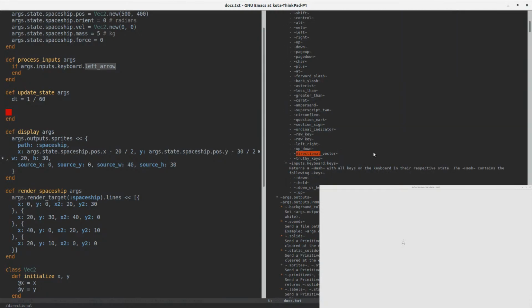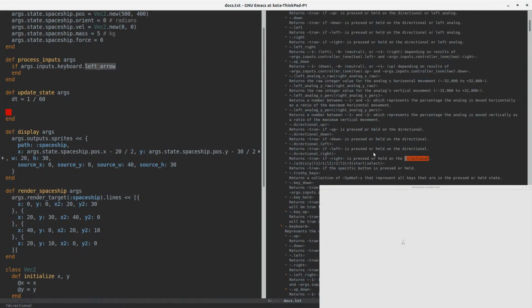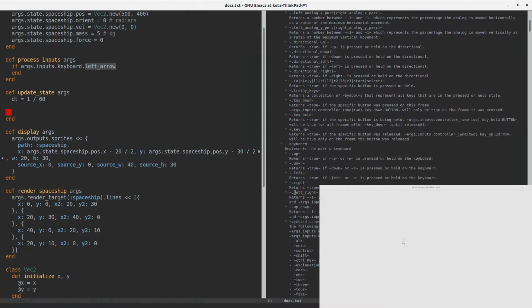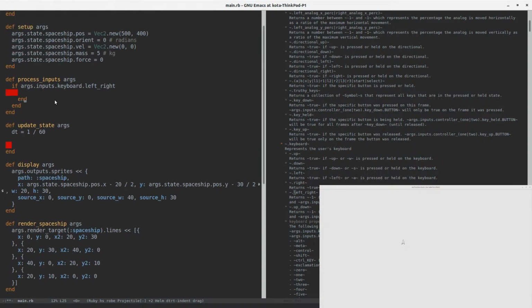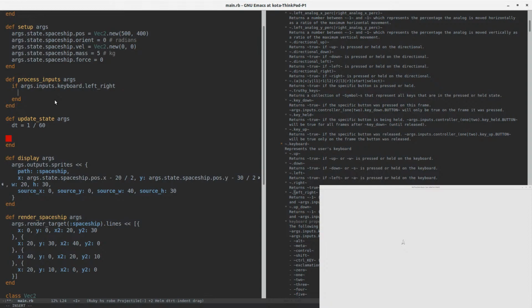Let's take a look here. So directional vector, yeah. Left, right. Okay, cool. Yeah, so this right here is what we want. And there's also up, down. Left, right. So I guess we'll just be adding a multiplication here.